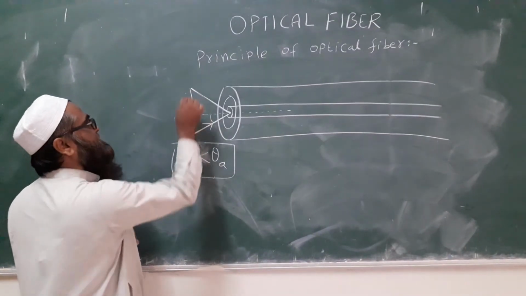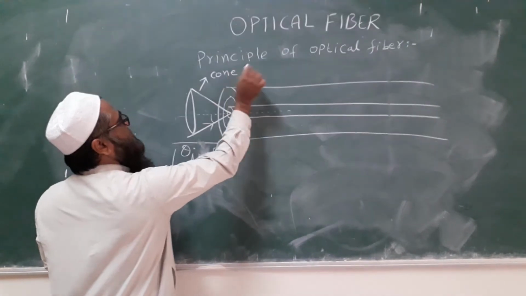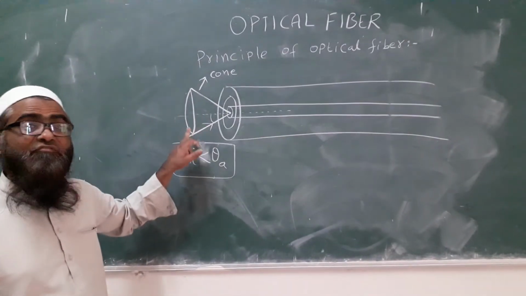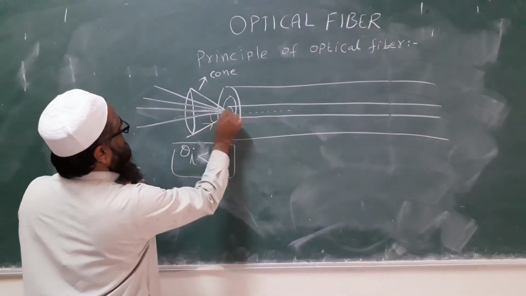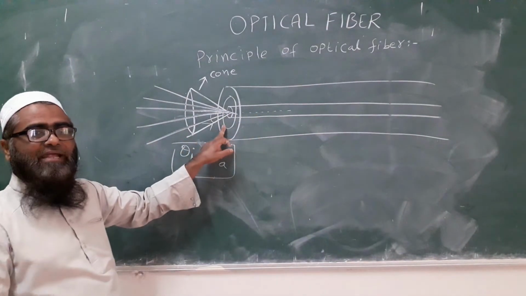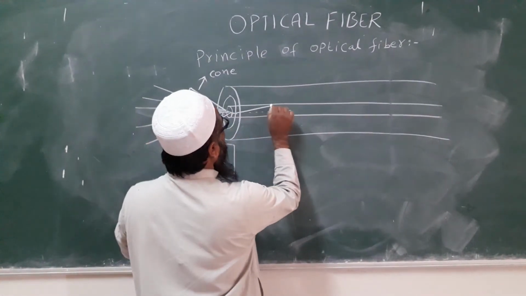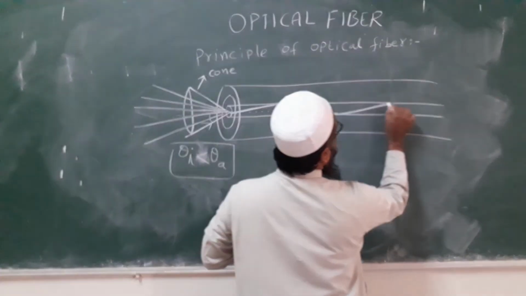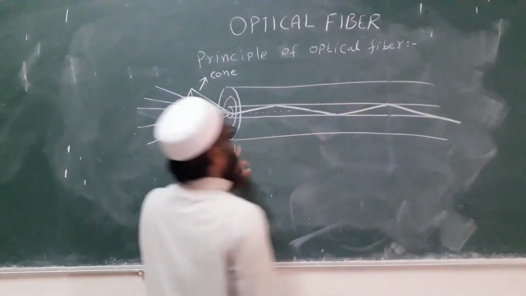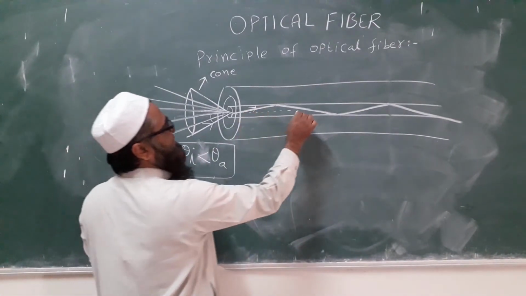You have to cover it, you have to make a cone. So now it is clear that you have to feed the light through this cone only. When we give light within the cone, the light undergoes TIR. So it passes in different directions through the core only. So this is the principle.